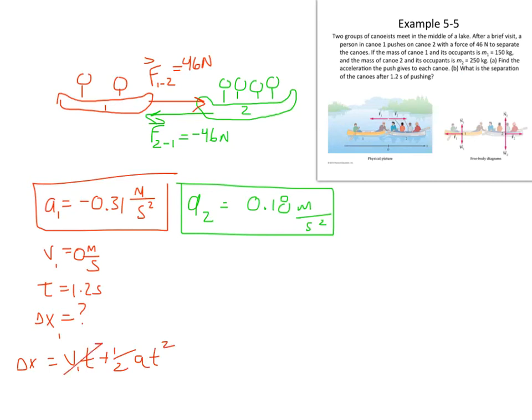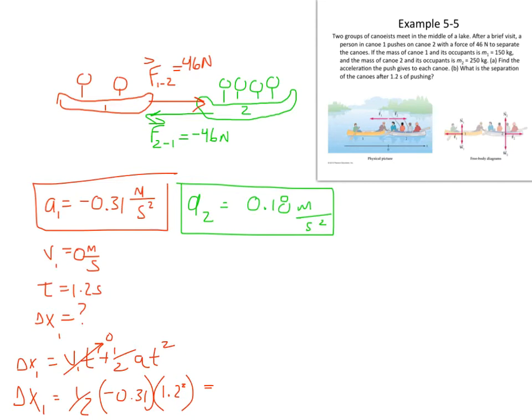Okay, that's going to go away because the initial velocity is 0. And so our displacement for canoe 1 is going to be 1/2 acceleration of 1, which is negative 0.31 meters per second squared, times the time squared, so that's 1.2 squared. All right, so that's the amount that canoe 1 displaces in 1.2 seconds.